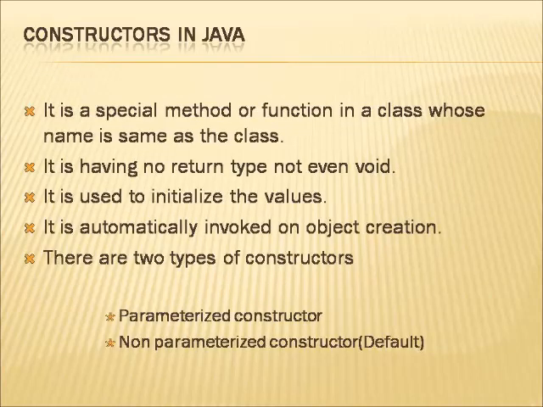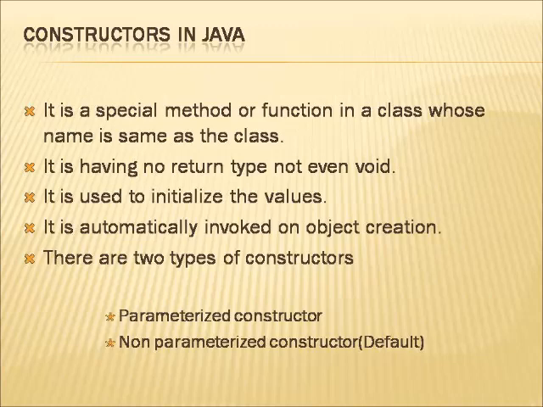Another familiar concept we are going to discuss here is constructors in Java. A constructor in Java is a special method or function. So what is the specialty of this function? This function or method has the same name as that of the class. It has no return type, we don't use void either, right?